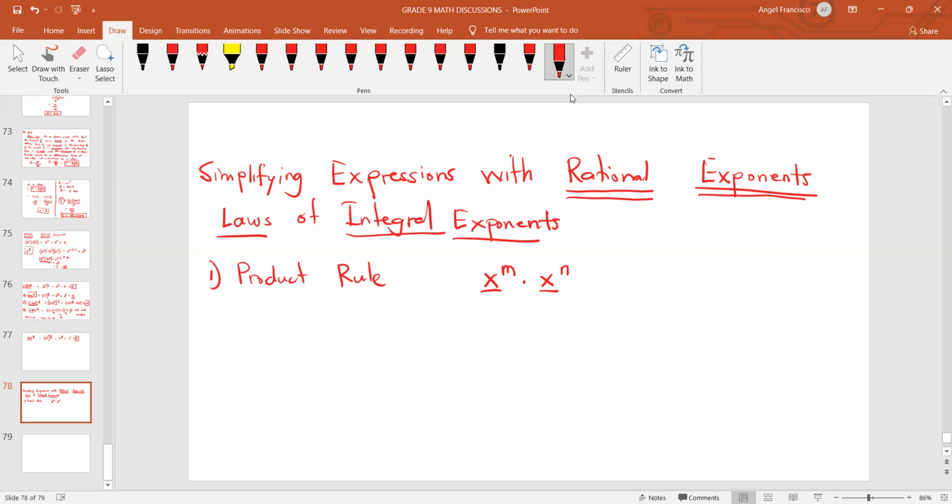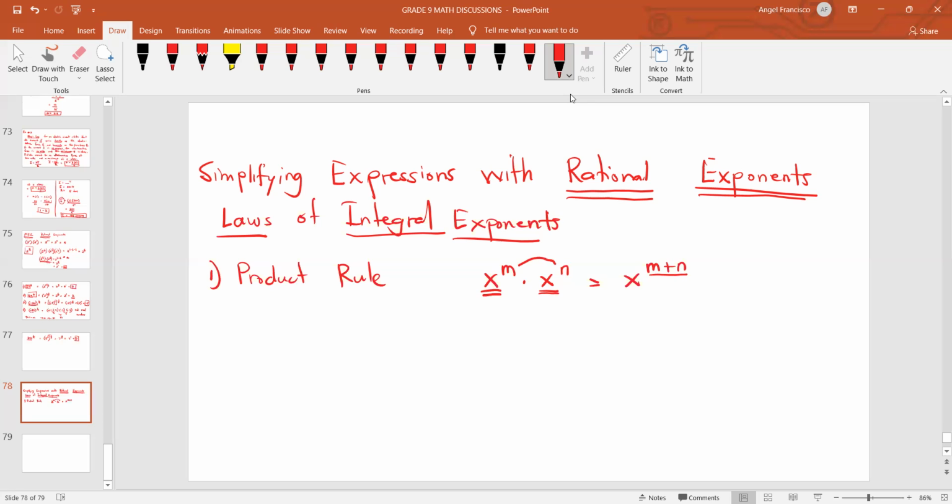So what you are going to do is add the exponent. That is the rule: when you are multiplying a number or an expression having the same base, you are going to add the exponent.